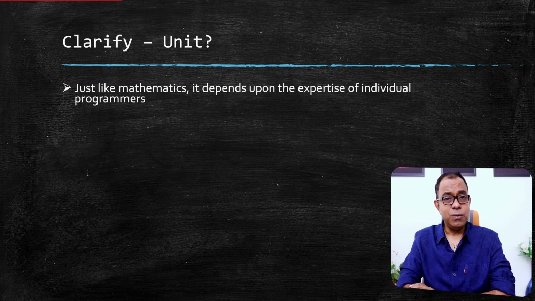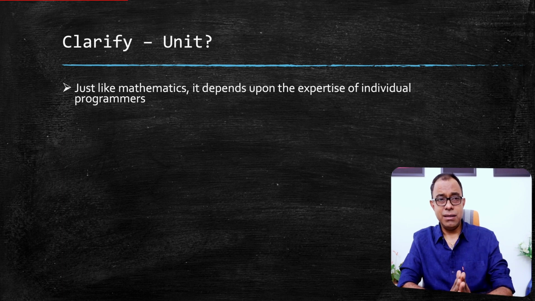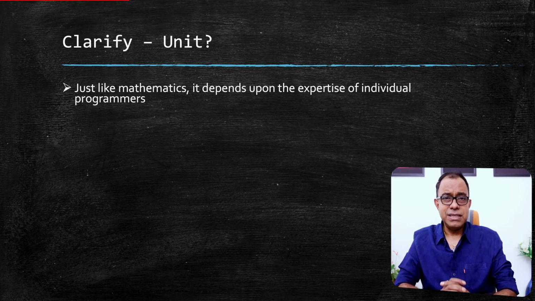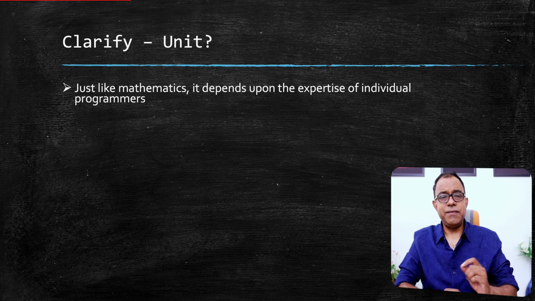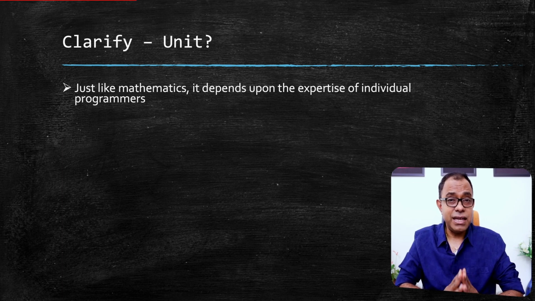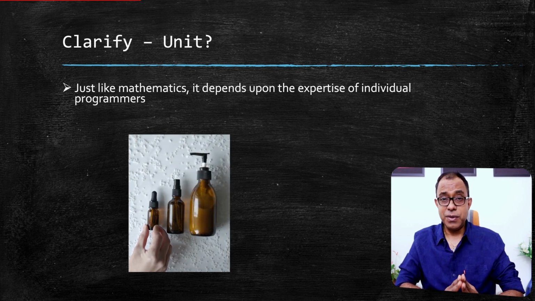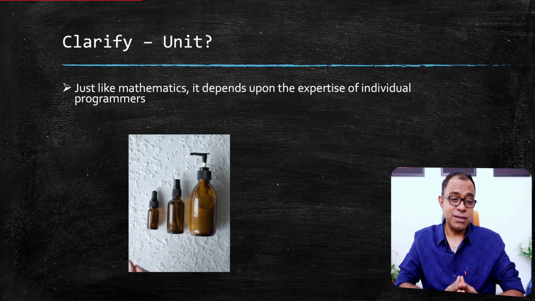Okay. Now, before going ahead, we need to understand what is the meaning of unit. What can be considered as a unit? Now, there are many companies which have some definition of it, like a small function or this many lines of code. But I recommend you not to bind yourself with any such definition, because what is a unit depends upon individual programmers and the person writing the code.